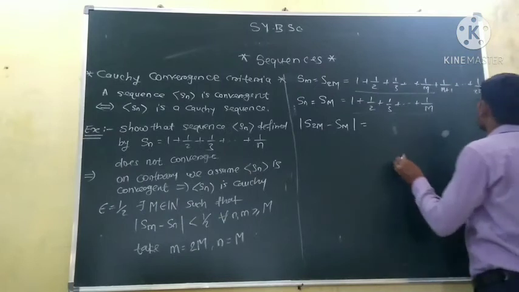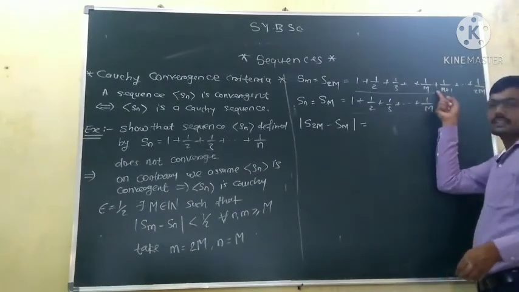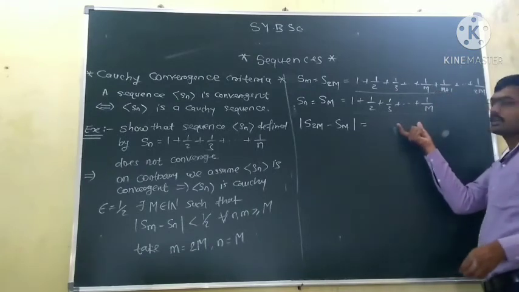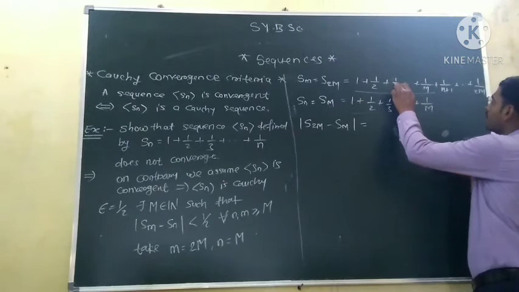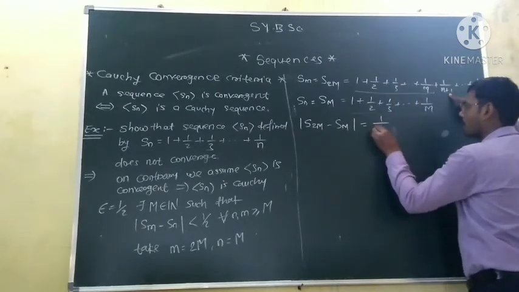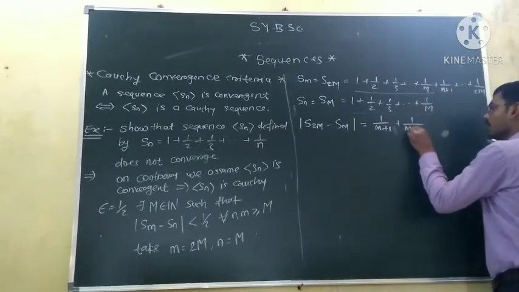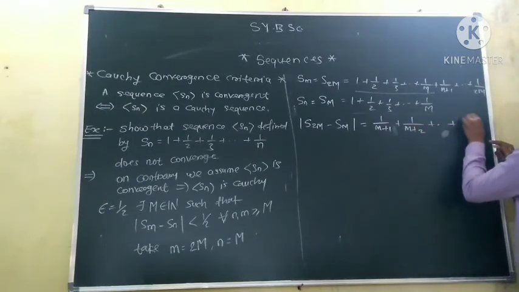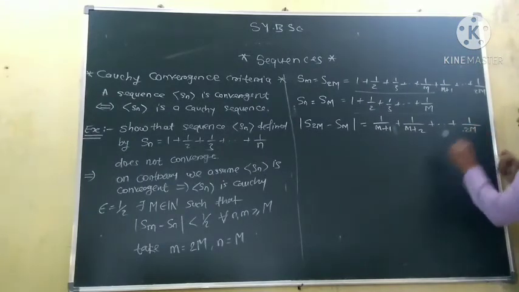The difference will be equal to, and these values 1, 2, 3 are greater than 0, so we don't need to take the mod here. So this and this get cancelled after the difference, and only this part remains: 1 upon m plus 1 plus 1 upon m plus 2 up to 1 upon twice m, or m plus m. Okay, so 1 upon twice m.